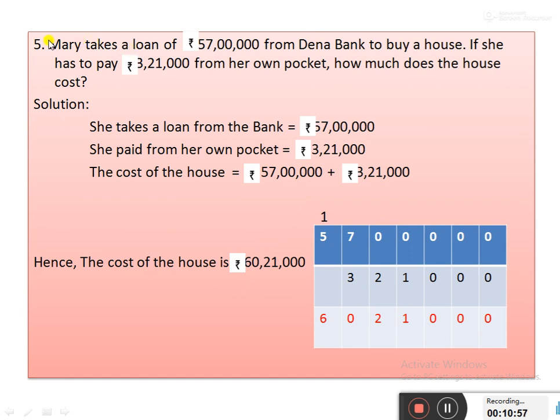Question number 5. Mary takes a loan of rupees 57 lakh from Tena Bank to buy a house. If she has to pay rupees 3,21,000 from her own pocket, how much does the house cost? Solution. She takes money from the bank. How many rupees?